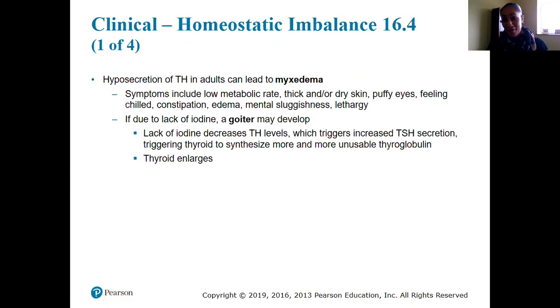TSH will go to the thyroid gland and say, hey, I need you to make more thyroid hormone. But the thyroid gland is like, well, I can't make enough thyroid hormone, but I'm constantly being triggered to make more. So this will cause the thyroid gland to enlarge because it can't fulfill the demand of what the TSH hormone is trying to get it to do.